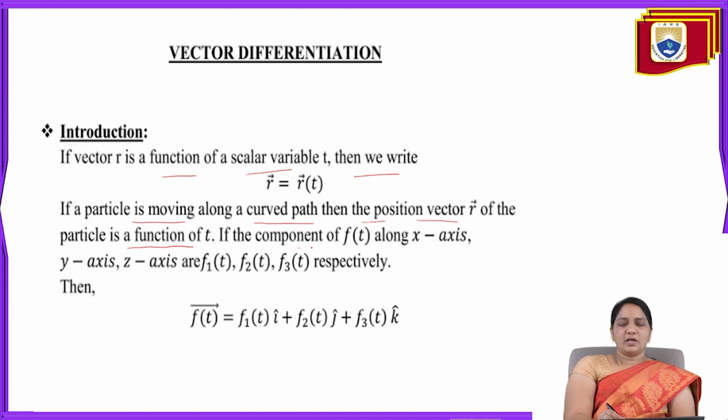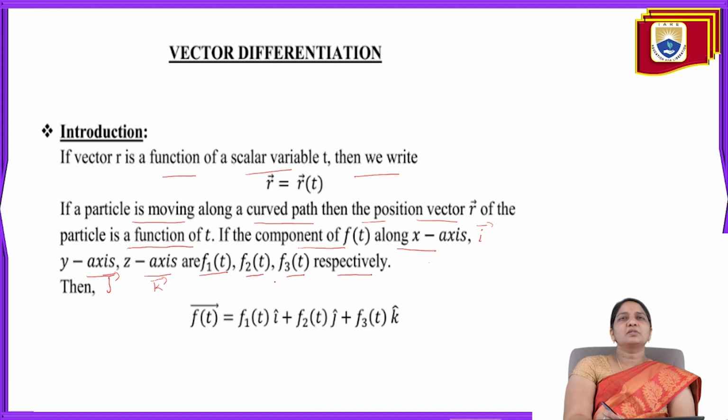If the components of f of t are along the x-axis, y-axis and z-axis, here along the x-axis we take i bar, along the y-axis we take j bar, and along the z-axis we take k bar. They are f1 of t, f2 of t, f3 of t respectively.